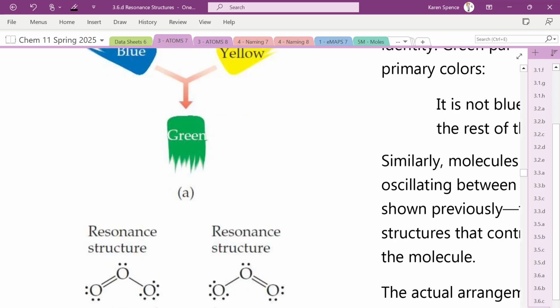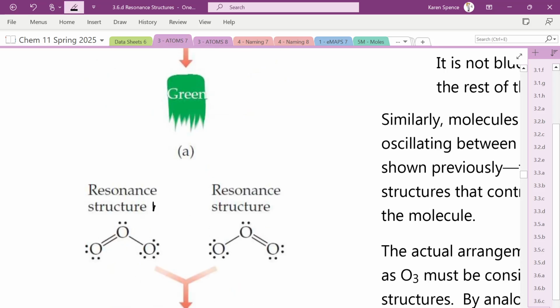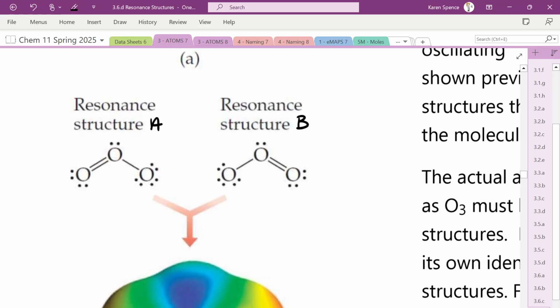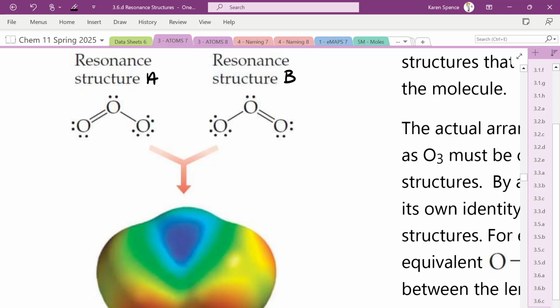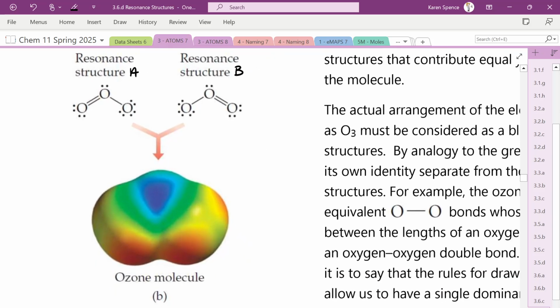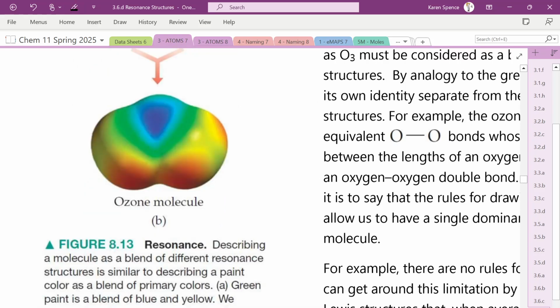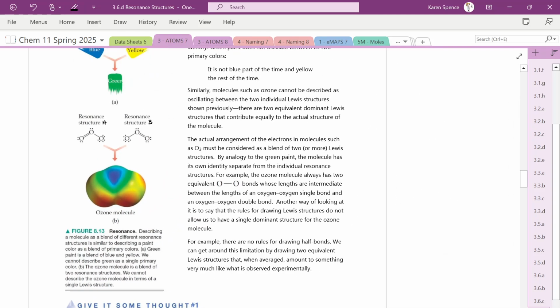So if we have resonance structure A and resonance structure B, and we mix those two together, we get an ozone molecule. This is a space-filling model of an ozone molecule that looks identical from one side to the other. Okay?